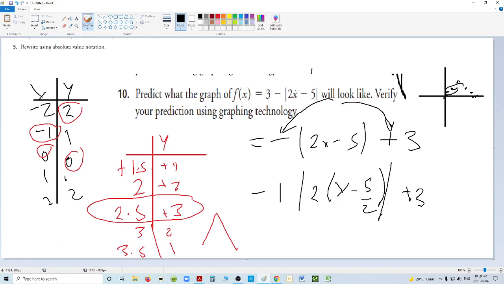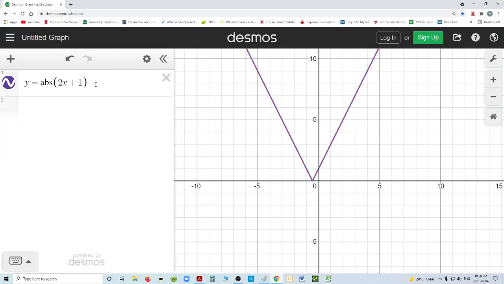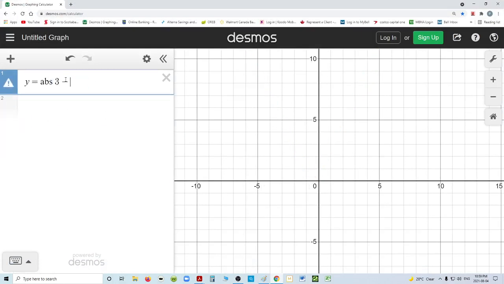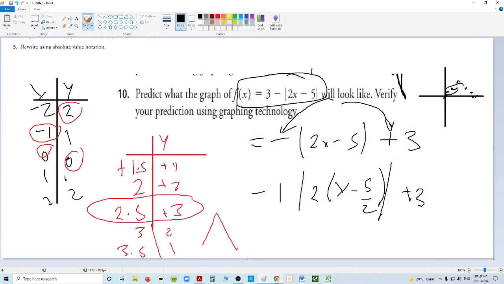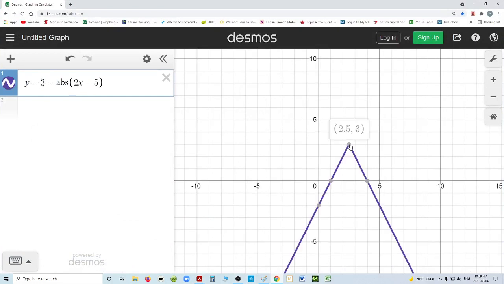So let's do a graph of this. So it's 3 minus, we'll do it the whole way, 3 minus the absolute value of 2x minus 5, was that it? Yep. Okay. Cool. There we go. Yeah, there's all the points, and yeah, 4, 0, and 1, 0.